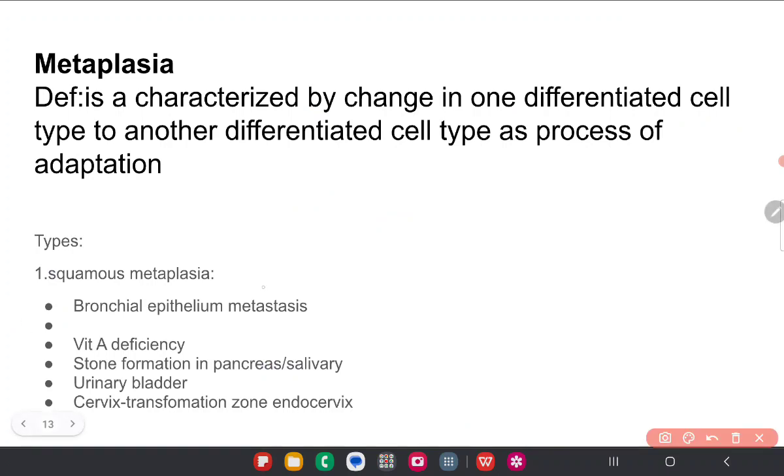In smokers, due to chronic smoking, the particles in the cigarette smoke accumulate on the epithelium.